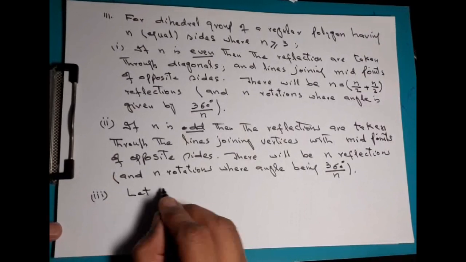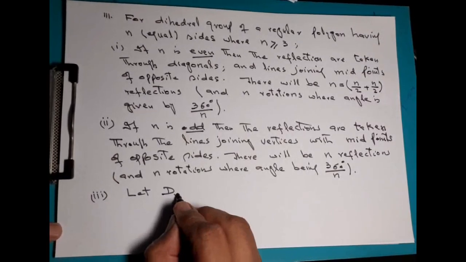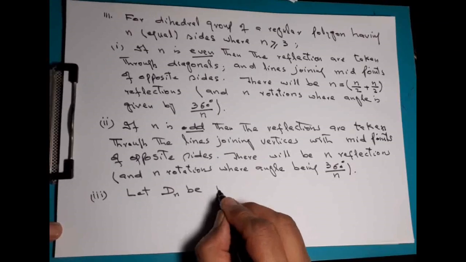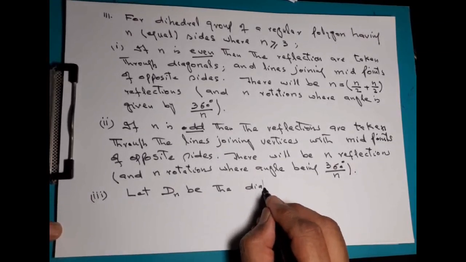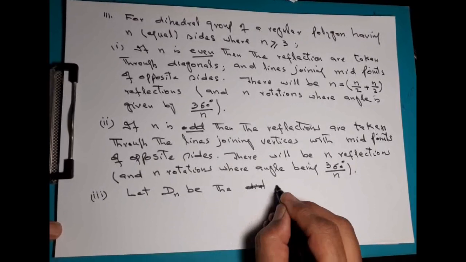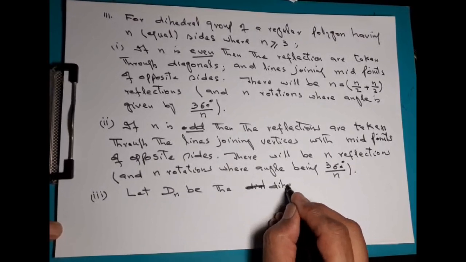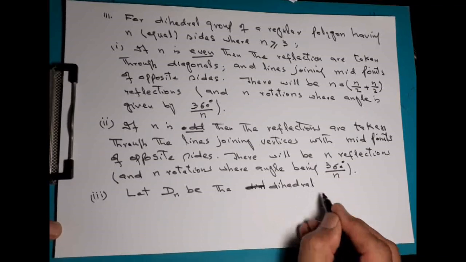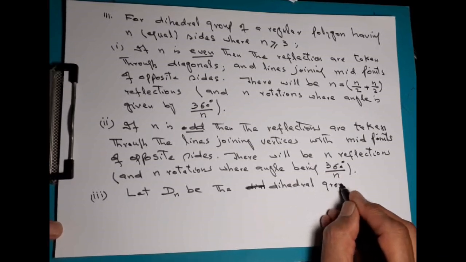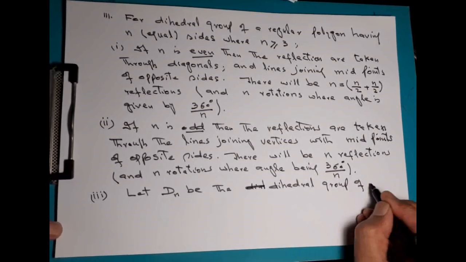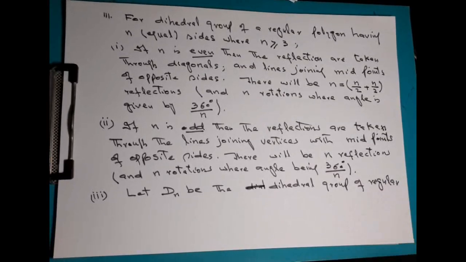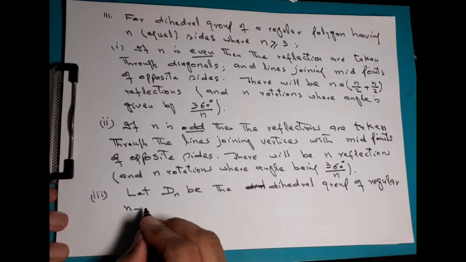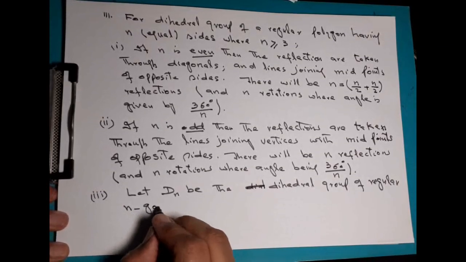let Dn be the dihedral group of regular polygon of n sides or regular n-gon. Sometimes we write it in this way as well.